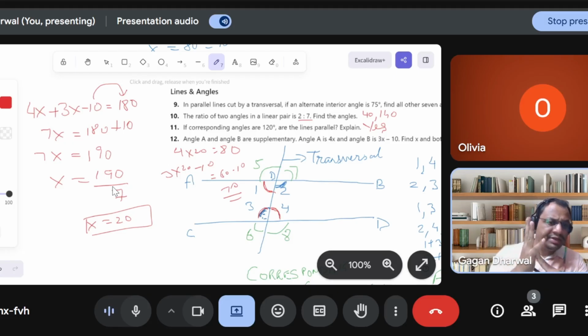We understood today the linear pairs, vertically opposite angles, supplementary angles, complementary angles, and we also covered the types of angles formed by parallel lines and transversal, and what their properties are. And we covered questions on ratios, and also when one angle is given in parallel lines, what the other seven angles will be.